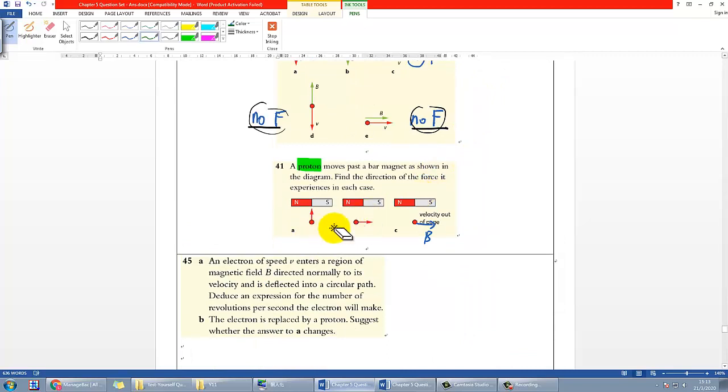Okay, so for the next question, I'll try to show you from the beginning again. First of all, once again, you have to pay attention. There's a charged particle, and you have to make sure what charge it is. So it is positive charge. Like we said, it will be easier because it will be the same as the direction of current for the velocity. The next thing you want to do is, this time they don't provide you the B field directly, but they provide you a magnet.